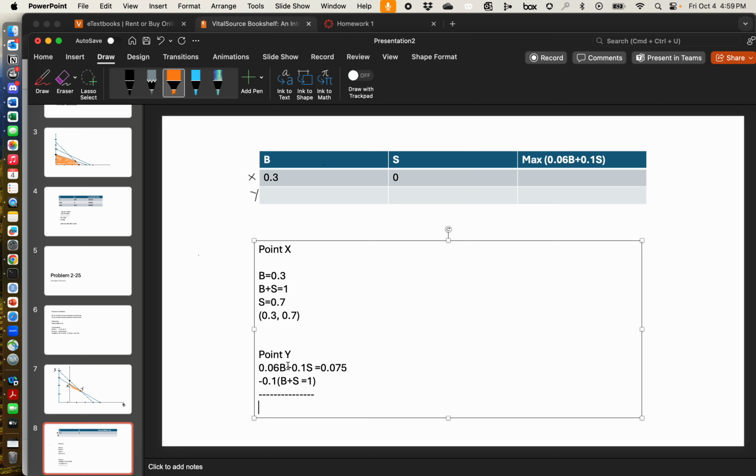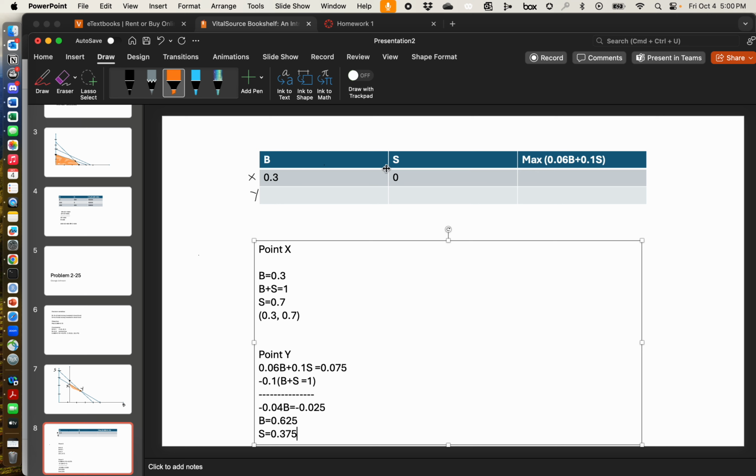We'll end up with 0.06 minus 0.1, that'll be negative 0.04 B. The 0.1s get cancelled. It'll be 0.075 minus 0.1, which makes it negative 0.025, right? So it'll be 25 divided by 40, which is 5 out of 8, which will be 0.625. Which means B is equal to 0.625, which will mean S is equal to 0.375, right?